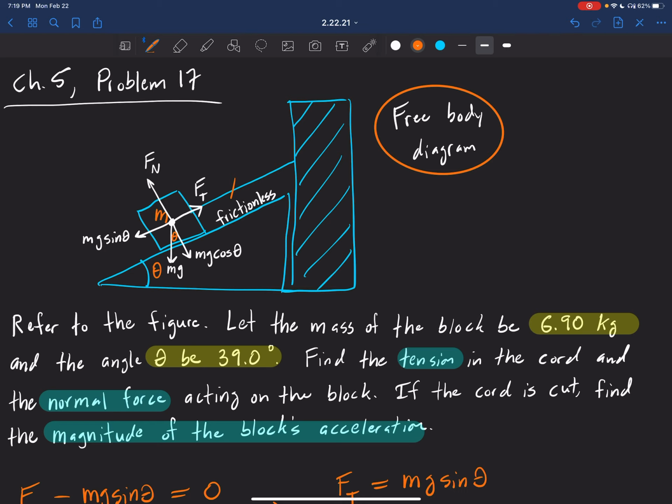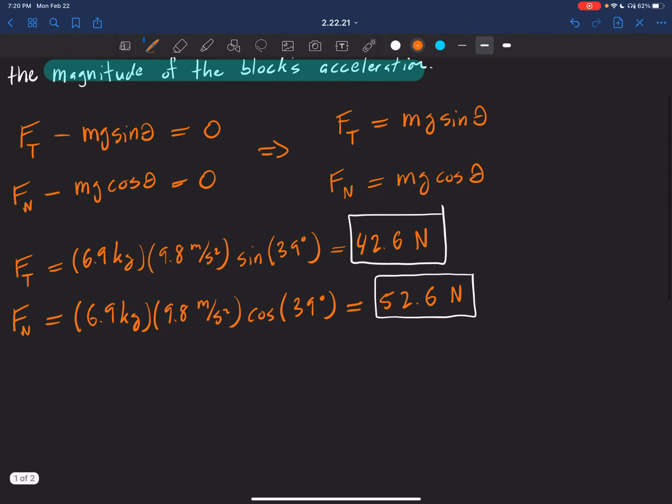They're still equal in magnitude, but opposite in direction. But we have removed the tension force from this block. And so now the net force is going to be given by this mg sine theta component, because that has nothing opposing it. Hopefully that makes sense. And I'm going to move back down here.